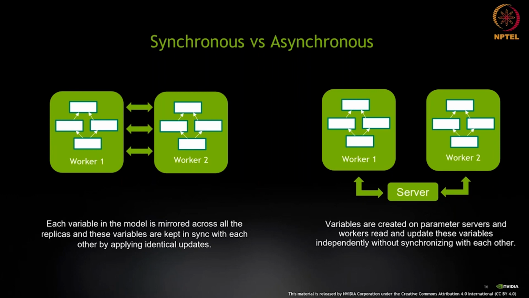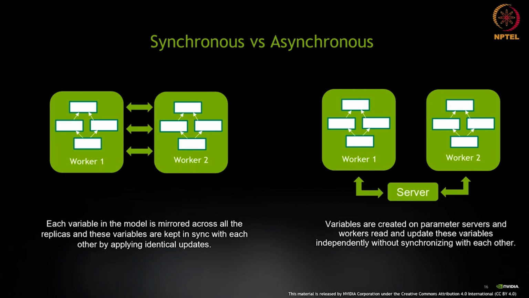On the left hand side, what you're seeing is the synchronous approach, and as the name suggests, it is an approach where all the workers are kept in sync, which means every worker knows the status and the values of the other workers, and in every step they apply individual updates to the model, and all of them at any point of time have the same copy of the model. This is a very important aspect of synchronous communication.